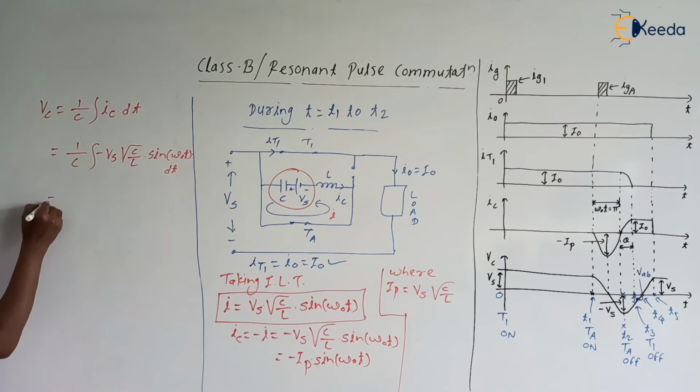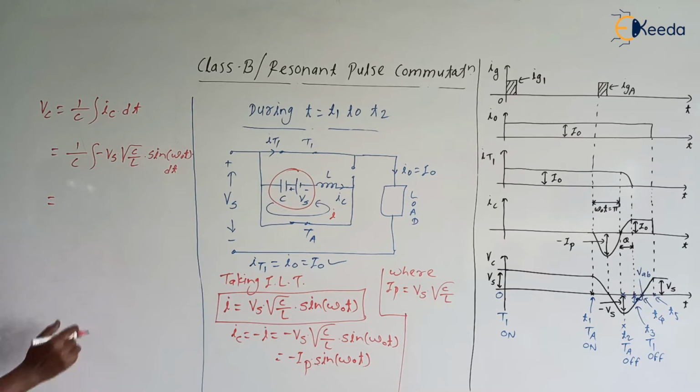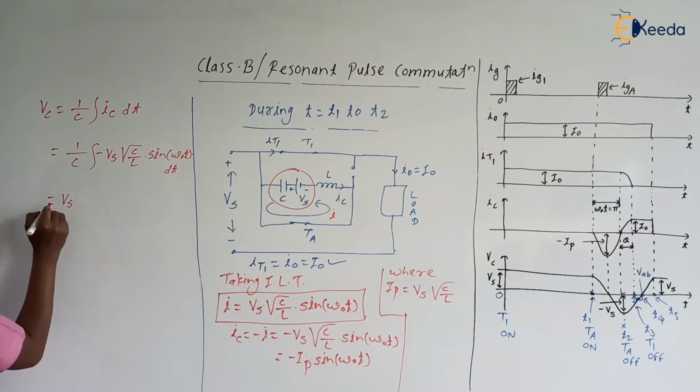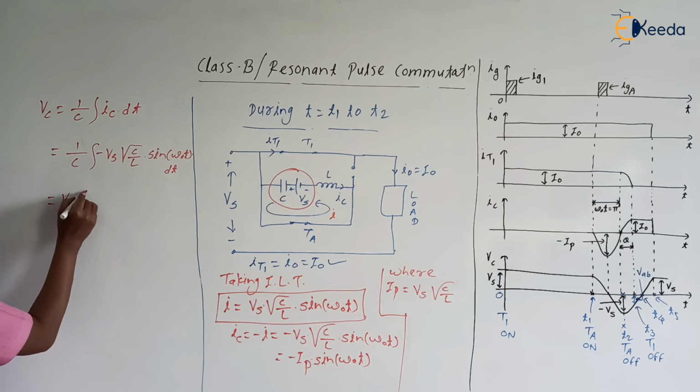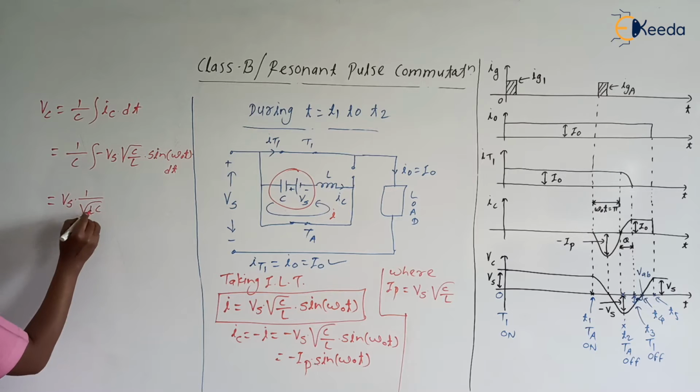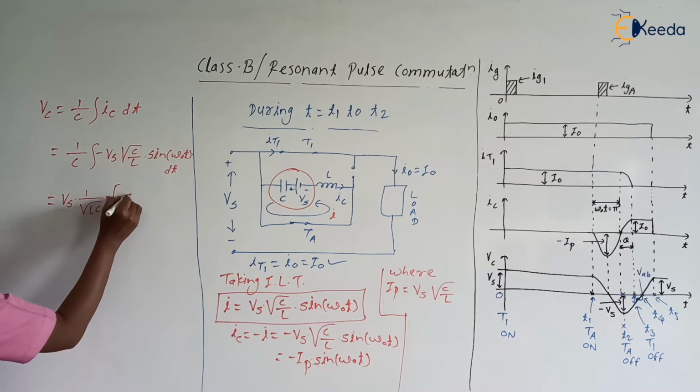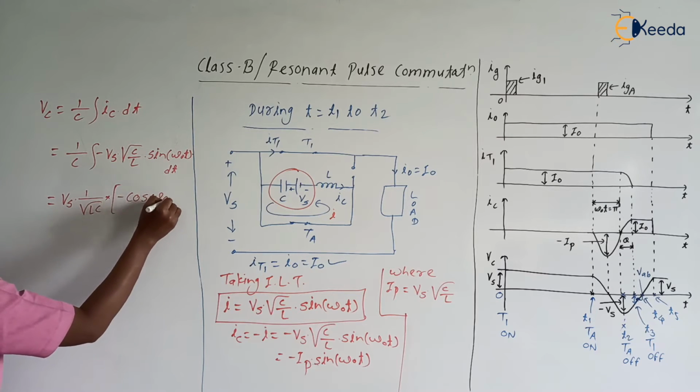So can we simplify it? Yes, integration of sine is a minus cos, so this can be written as Vs by root LC into minus cos of omega 0 t.